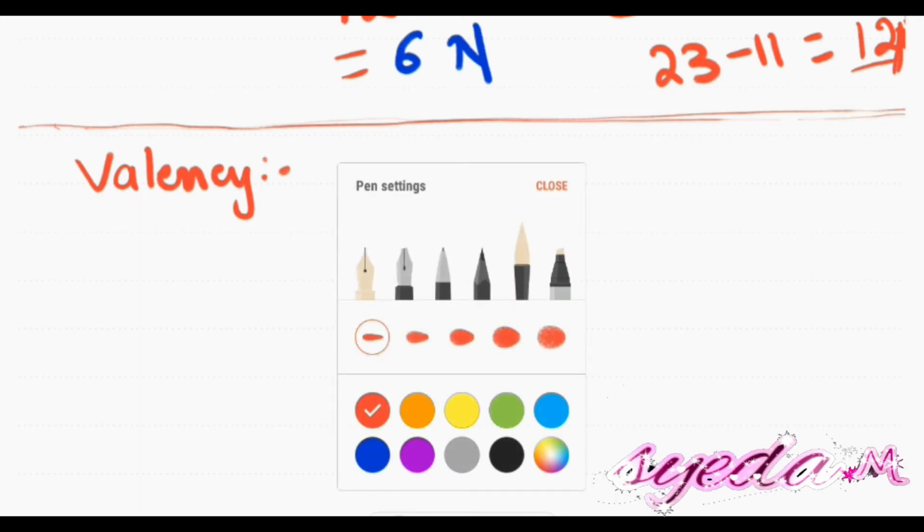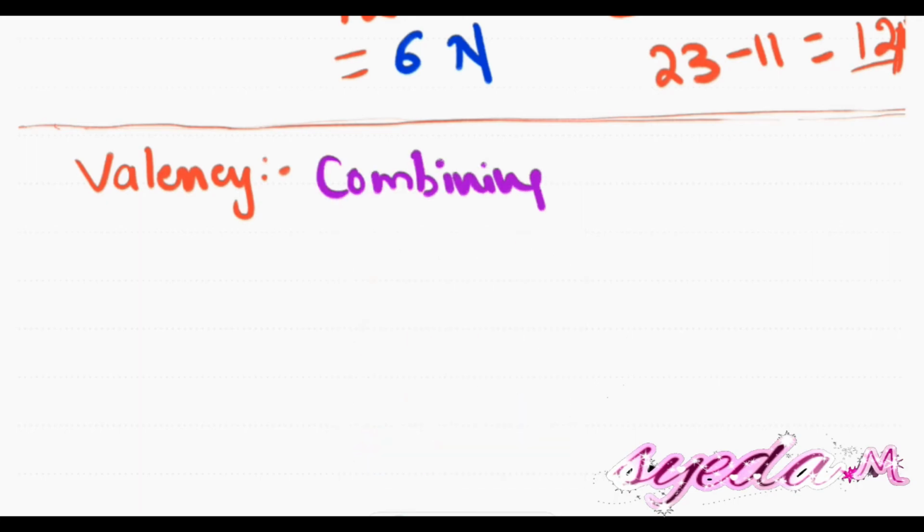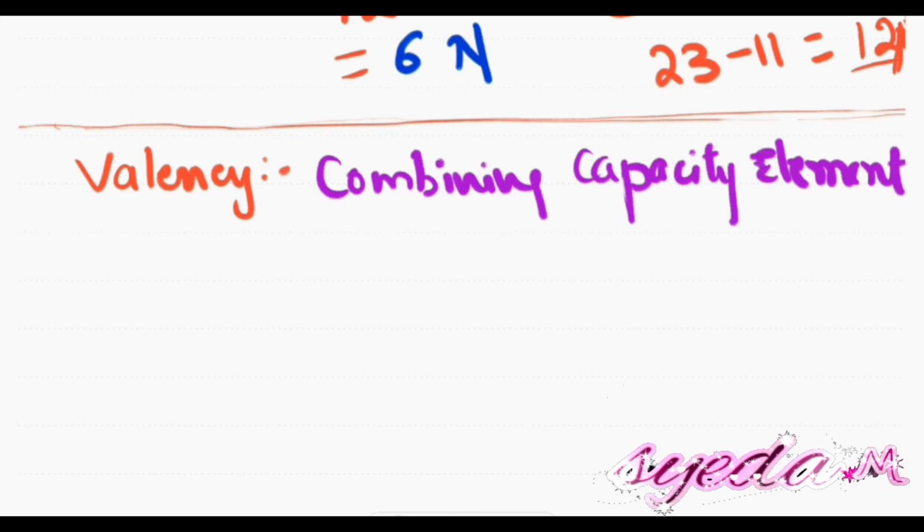Now next is valency. So valency is what? The combining capacity of an element. Now we know that a few elements exist in free state, a few elements exist in combined state.